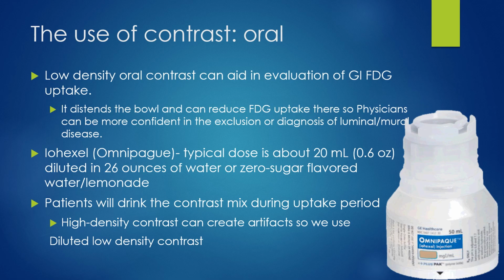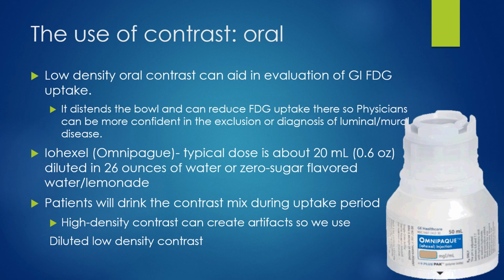It's typically 12 to 16 ounces of water or a zero sugar flavored water or lemonade. I've seen a lot of times they use the Crystal Light, which is sugar-free, but it kind of masks the nasty taste of the iodine-based contrast and helps mask some of the thickness. It does seem like it's pretty thick and it's really sticky.